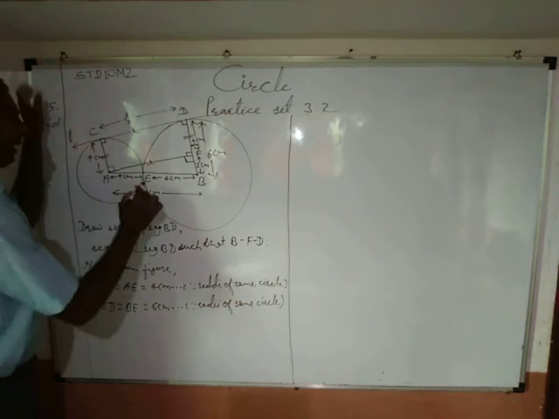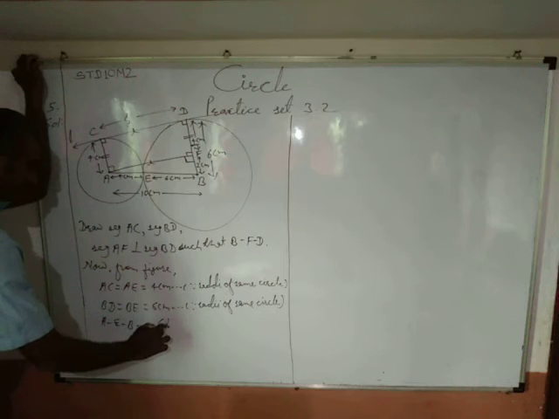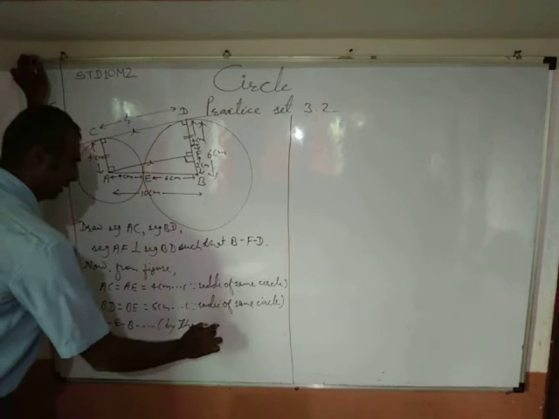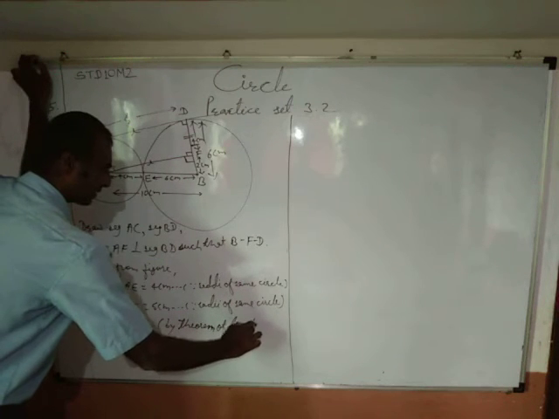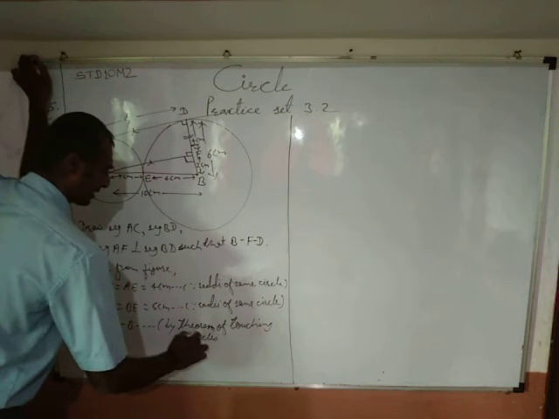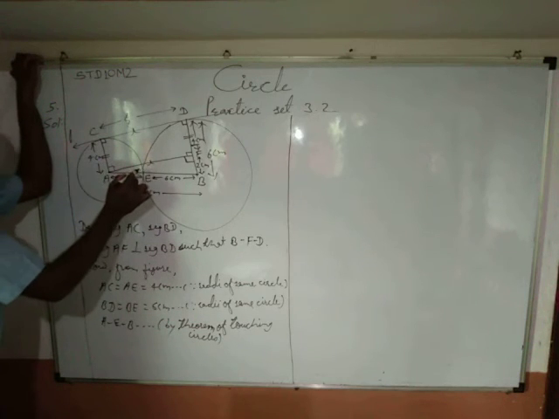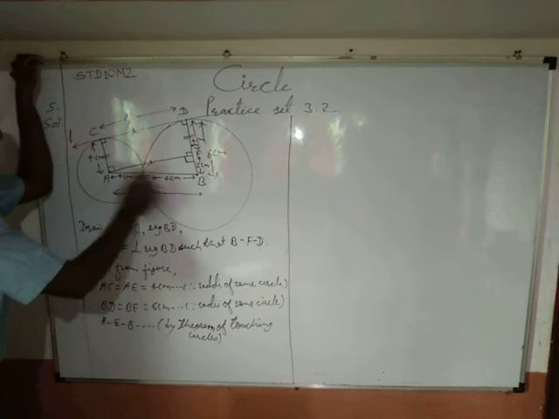A-E-B by theorem of touching circles. The theorem of touching circles tells us that the common point of contact of touching circles lies on a line passing through their centers, and in the case of externally touching circles, that point is in between the centers of those circles.